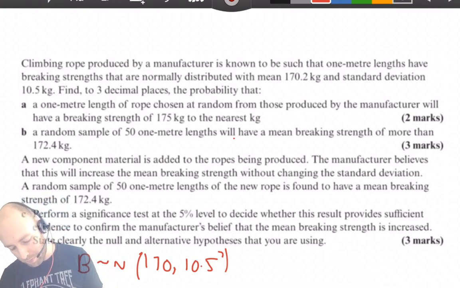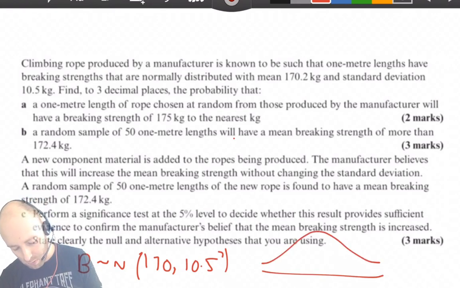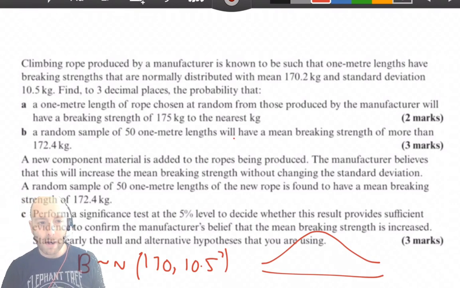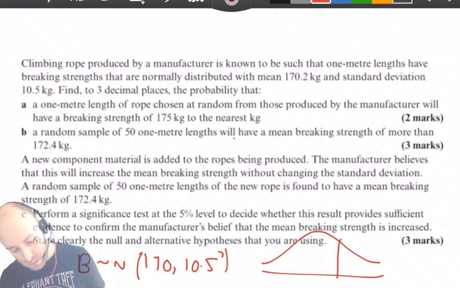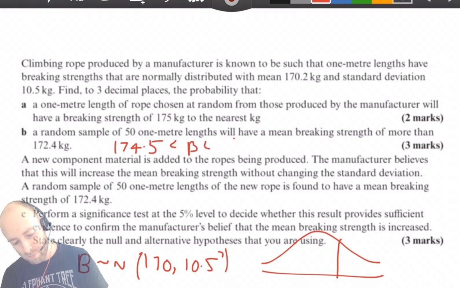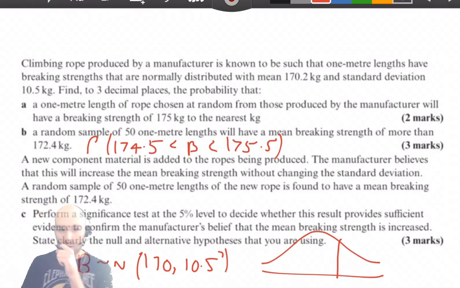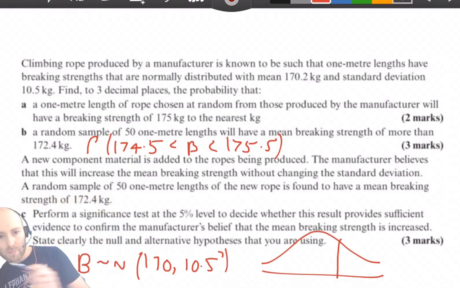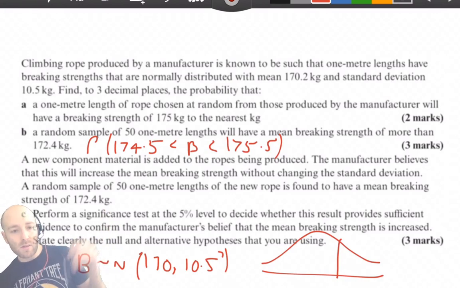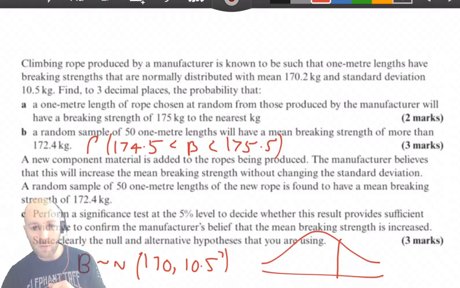So if I draw it, what's to the nearest kilogram? If you think 175, what would round to that? We'd have 174.5 as the lower limit. What would stop rounding down to it? 175.5. So I want to find the probability it's within those two limits using this distribution here, and type it all into the calculator, and that should find it for you.